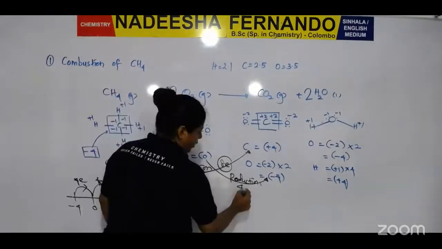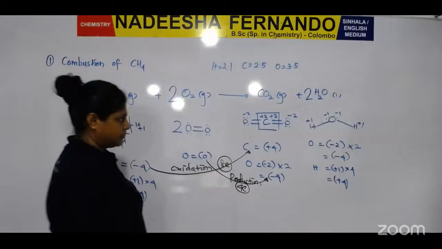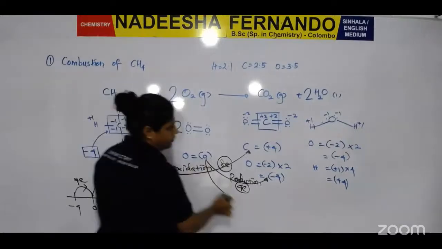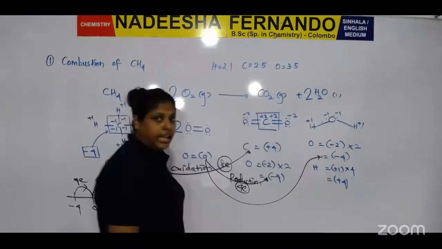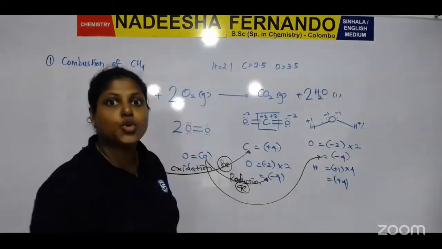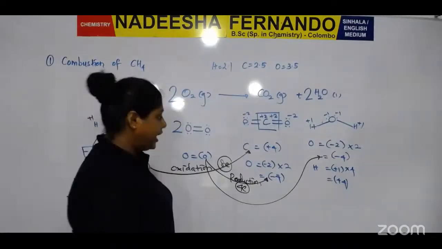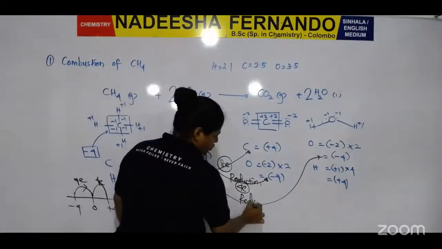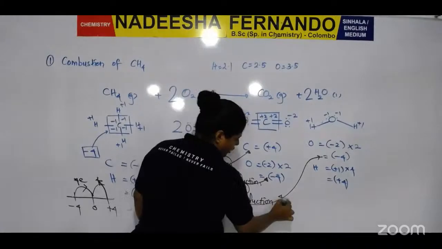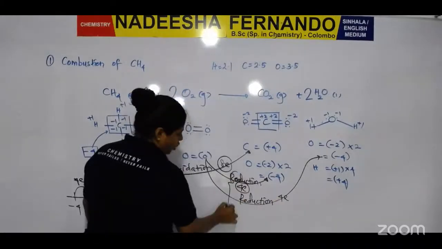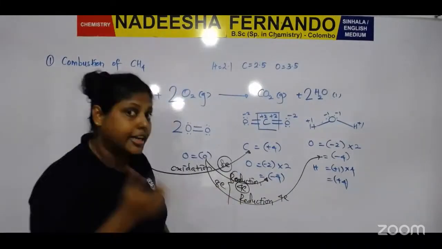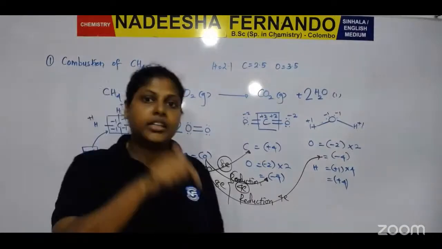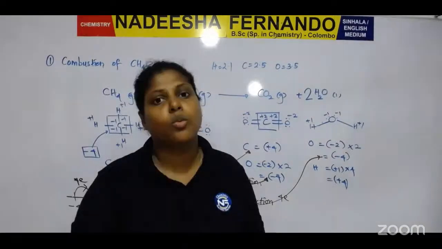When oxygen forms water, again 0 changed to -4. Another 4 electrons taken by oxygen, it's also reduction. So totally 8 electrons taken by oxygen when it forms carbon dioxide and water.